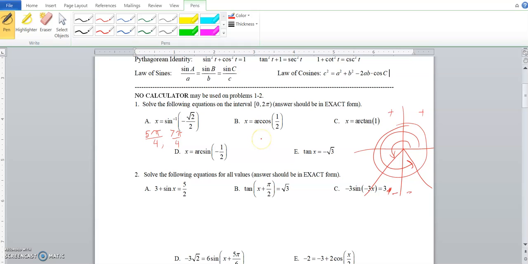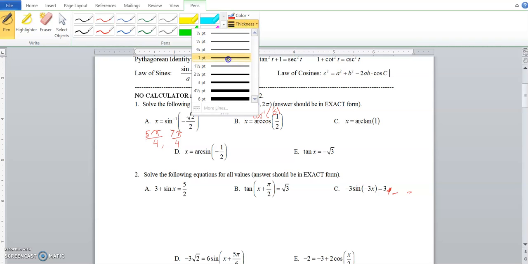B is just, they're trying to throw some terminology at you. Arc cosine, remember that's just the same as saying cosine inverse of a half. So here now we're asking, what angle gives cosine equal to positive a half?